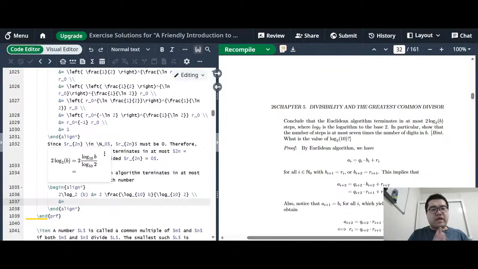Well, we don't have to write log base 10, just write log instead.